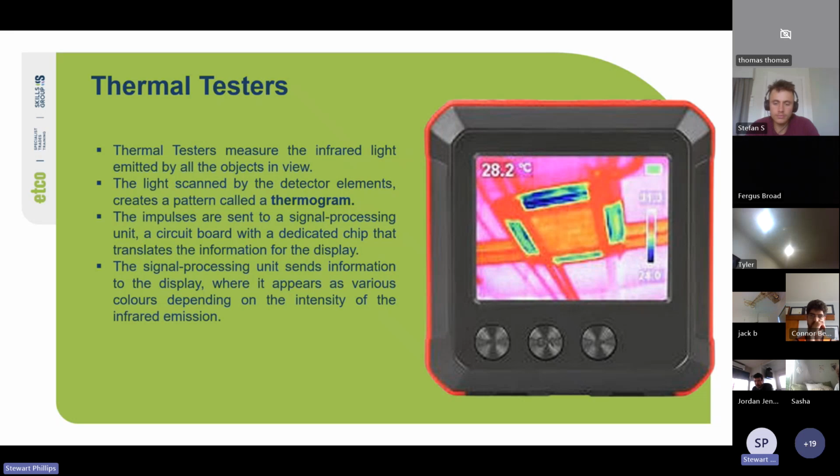Do any of you guys do thermal checks on anything? I'm guessing a few of you guys in the HV world do.